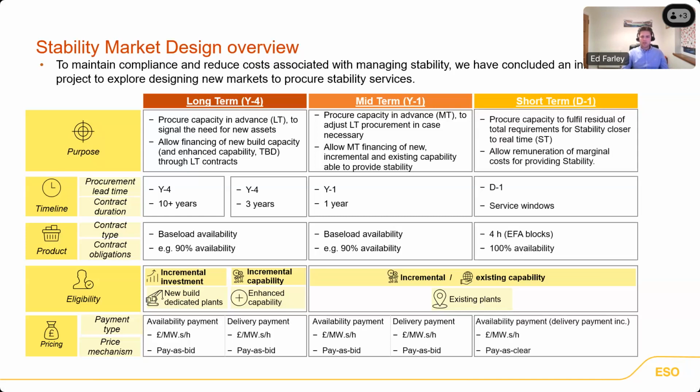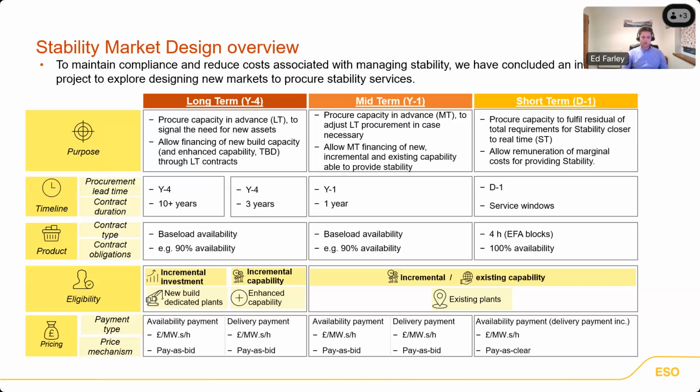The final market in the suite of stability markets that we recommended is a short-term day-ahead market. The real purpose of this market is to procure capacity much closer to real time when we have a much better view of what our requirements are, based on more accurate forecasts of demand and generation contribution and frequency response holdings, etc. But it also unlocks stability provision for a new type of asset, typically the non-dedicated asset that may be stacking different services, stability, energy, ancillary services.